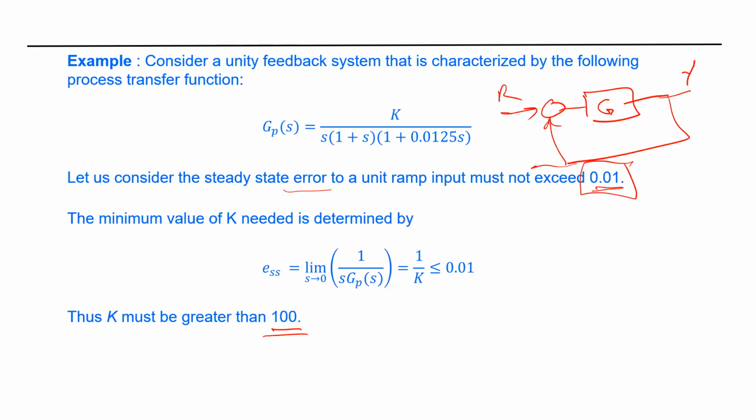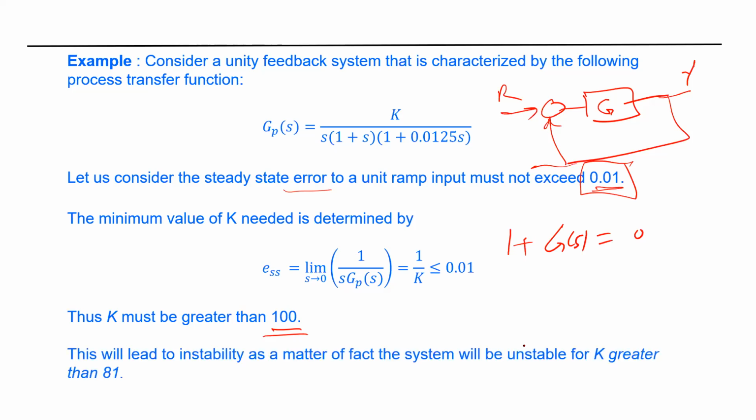If you do the test, if you write 1 plus G of S equal to 0, you will find out if K is greater than 81, the system becomes unstable. So it means that I cannot increase the gain unboundedly.